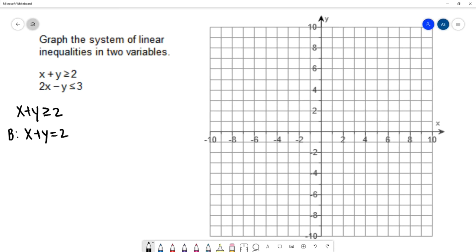And when we graph this boundary line, we're either going to draw it as solid or dashed. If we pay attention to the inequality symbol, it will tell us whether we draw it solid or dashed. When we have that equal to, we draw it solid. When we don't have the equal to, we draw it dashed. Solid means it's included, dashed means it's not.